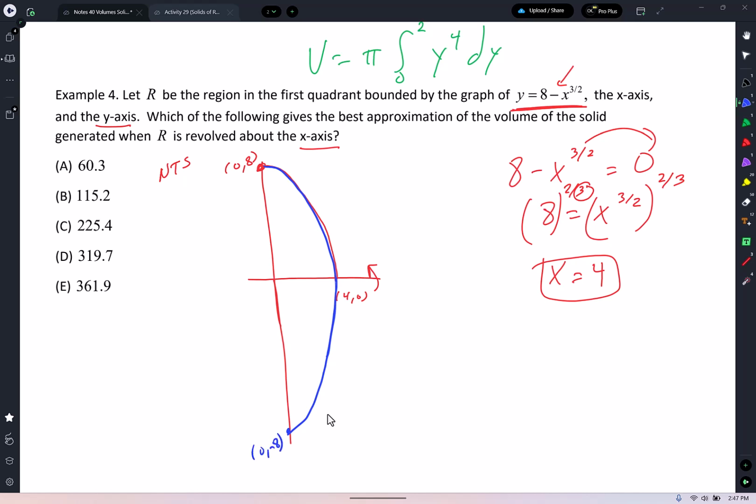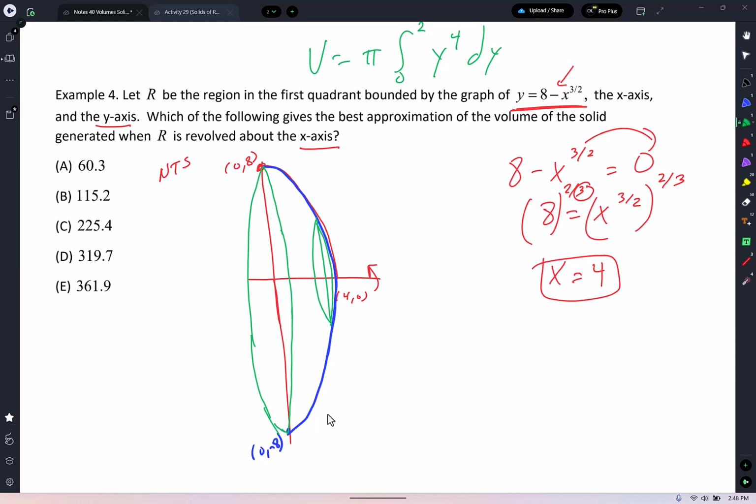It looks like that. So when I do a slice perpendicular to the x-axis, what type of slice is this? A circle, a disc.